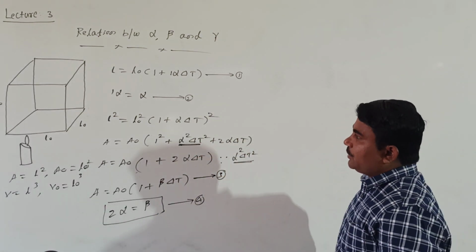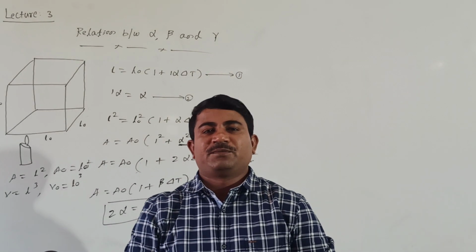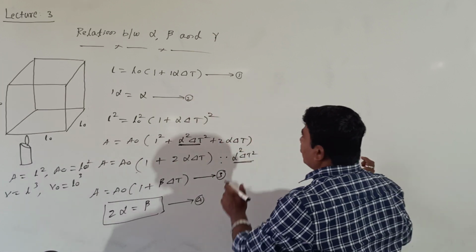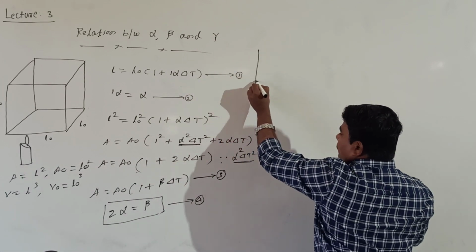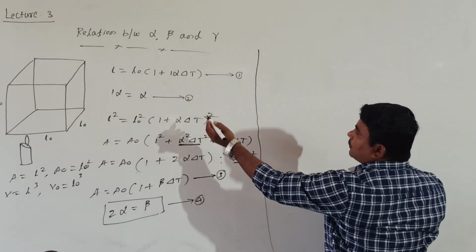Now again we need to find the coefficient of volume expansion. How to do? Look at me. Cube equation 1 on both sides. What are we getting?